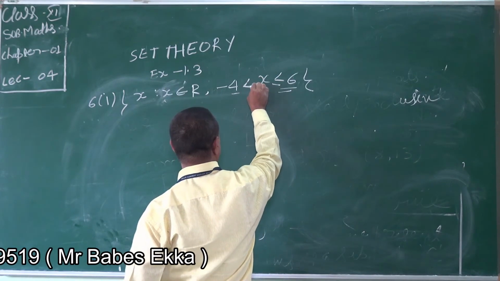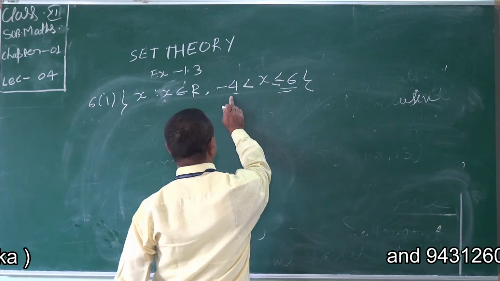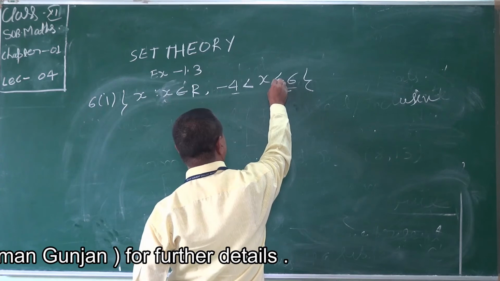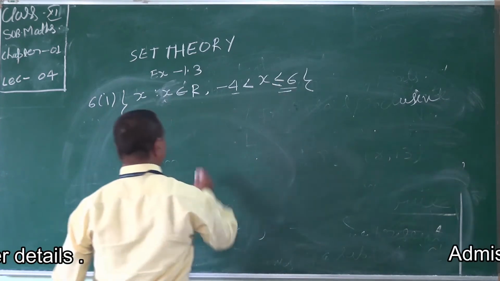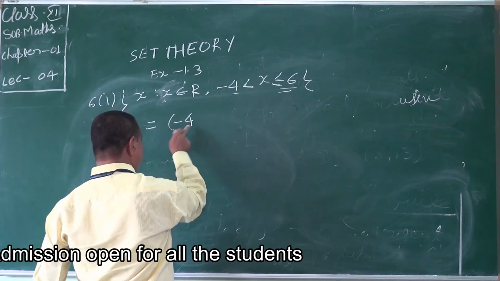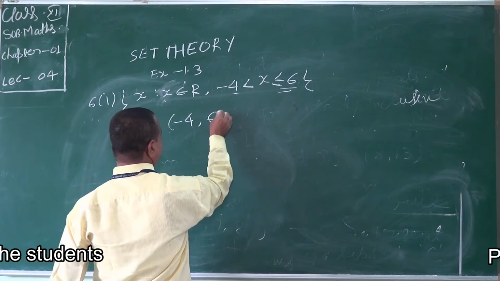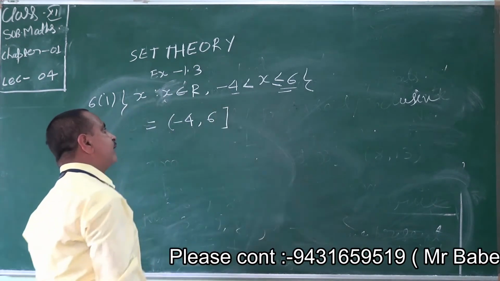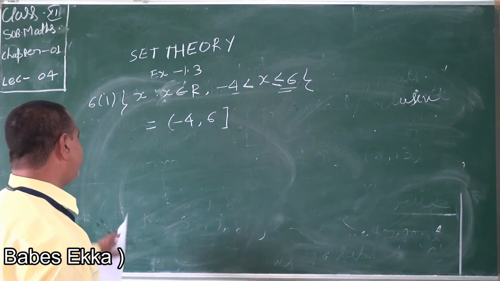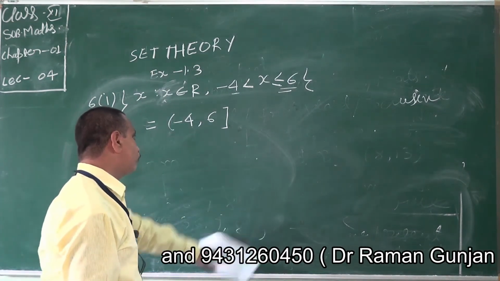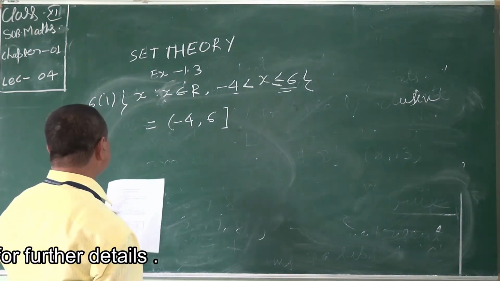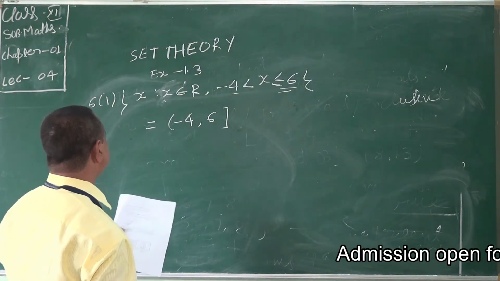So this symbol represents that -4 is not included, but 6 is included because we have given less than or equal to. So we write -4 by small bracket and 6 by closed bracket, and this is called a semi-open interval. In interval we have open interval as well as closed interval, and we write the interval in this manner.